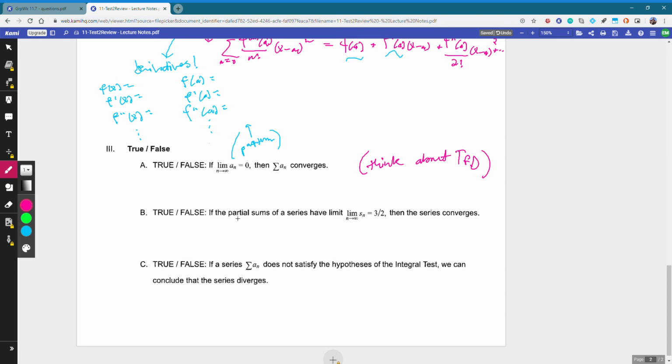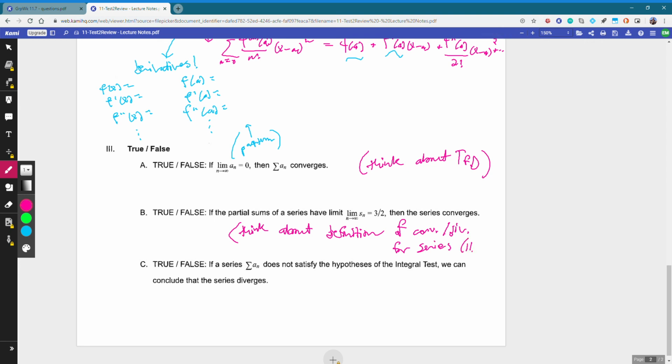For the second one, if the partial sums of a series have a limit, the limit of the partial sums as n goes to infinity is 3/2, then the series converges. For that one, I would say think about the original actual definition of convergence or divergence for series.